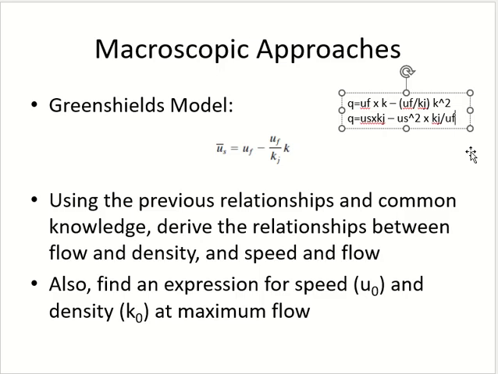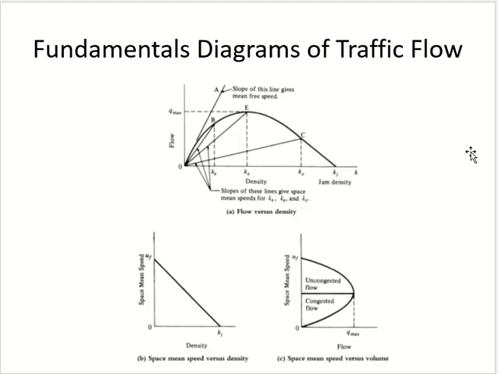Now if I go back, you see this model here, right? Is there any square here? No. So it's a linear model, a linear equation between speed and density. That linear equation, the Greenshield model, is for this one.